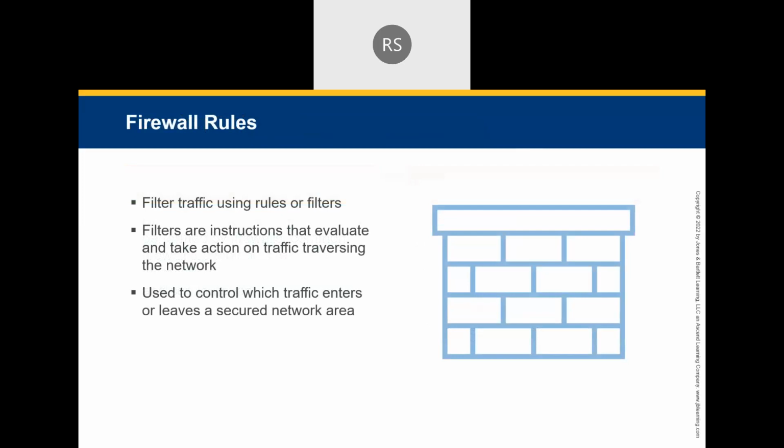Now, think of firewall rules kind of like a traffic cop that's directing traffic on a highway. So the primary purpose of firewall rules is to filter network traffic based on a predefined criteria that enables us to control which data enters and exits a secured network area.